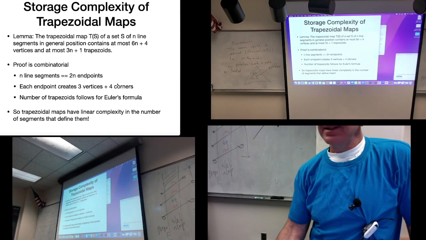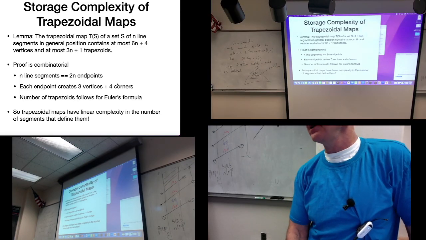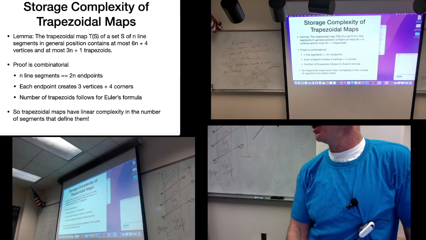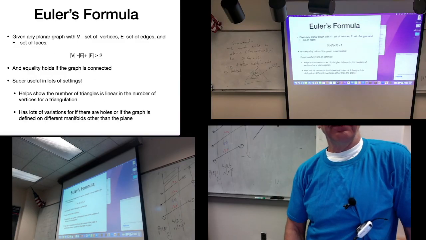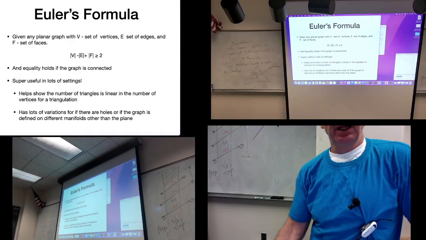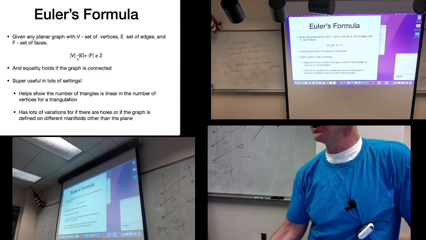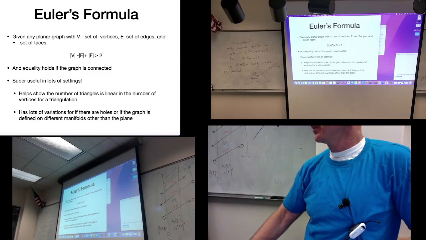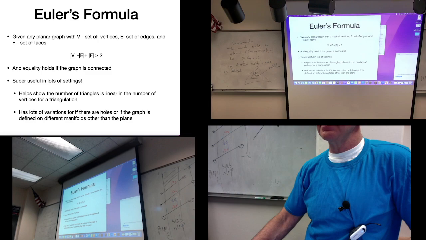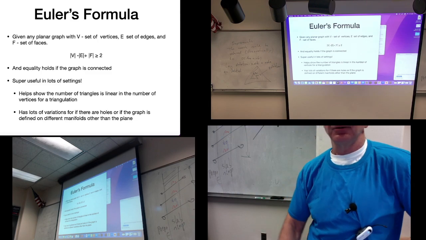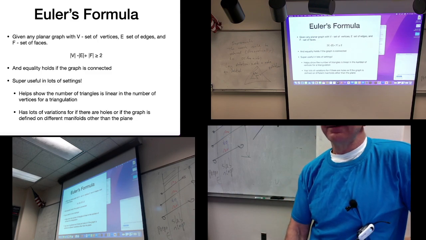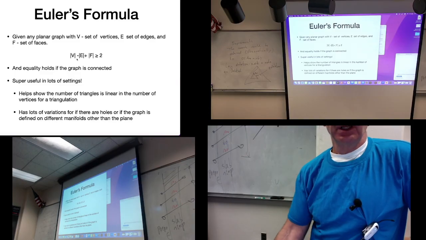So if this is the number of corners, then everything is linear. Euler's formula once again. For your memory refreshment, consider the number of vertices in every map after the vertical decomposition. It's easier to say vertical decomposition than trapezoidal.